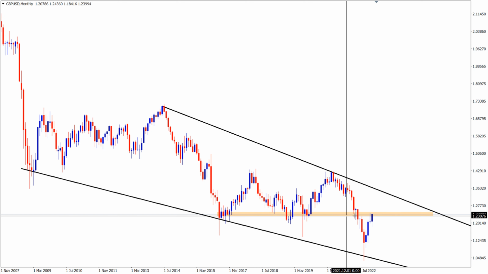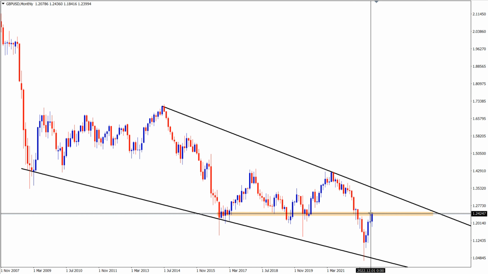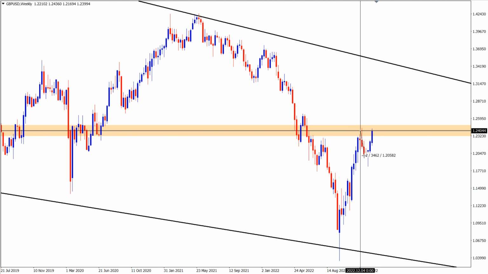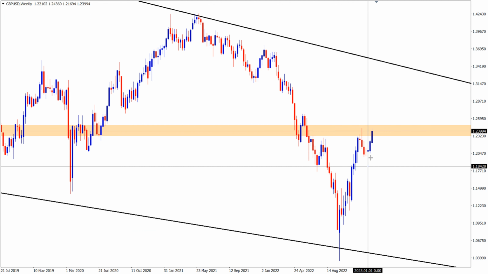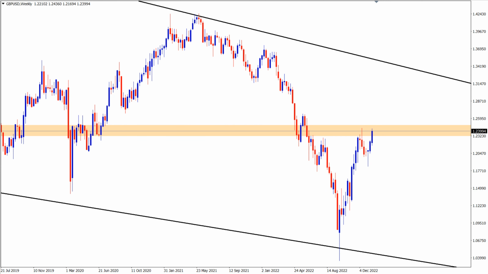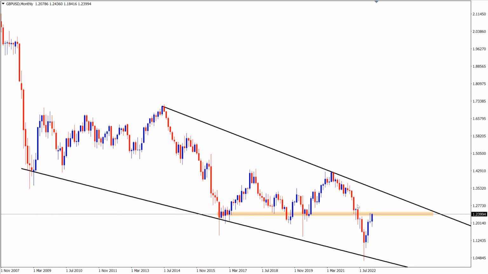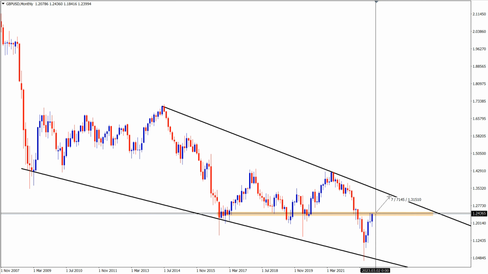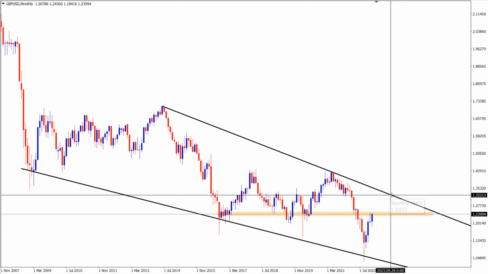When it touched the previous support area for the first time, it made a correction of like 5,000 to 6,000 points, and then it started to climb up again. So where is it heading? The pound dollar has chances to move up to the lower high area, maybe 7,000 to 8,000 points, and then it can make a correction.